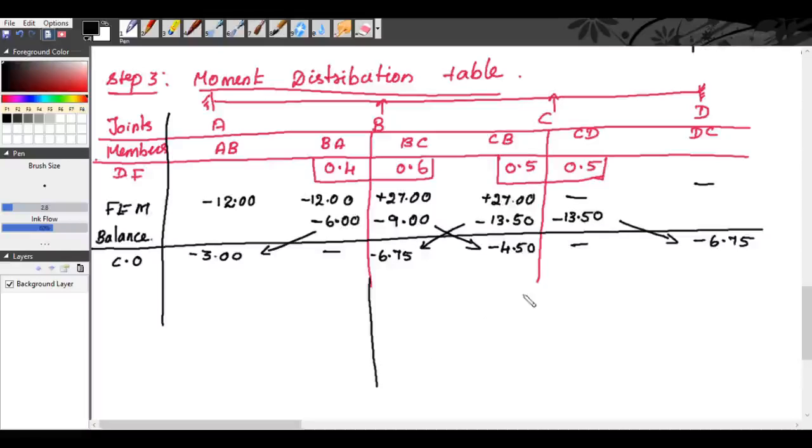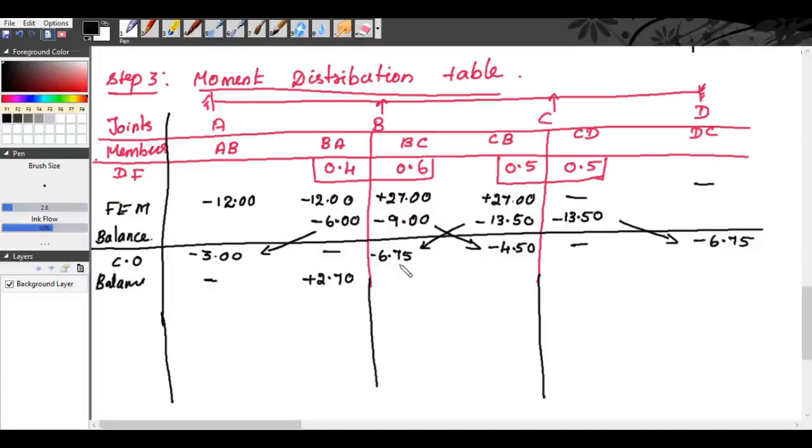Now we will go for balancing. There is no load to balance at fixed extreme support. At B, minus 6.75 multiplied by 0.4, we get minus 2.7. So balancing it is plus 2.7.